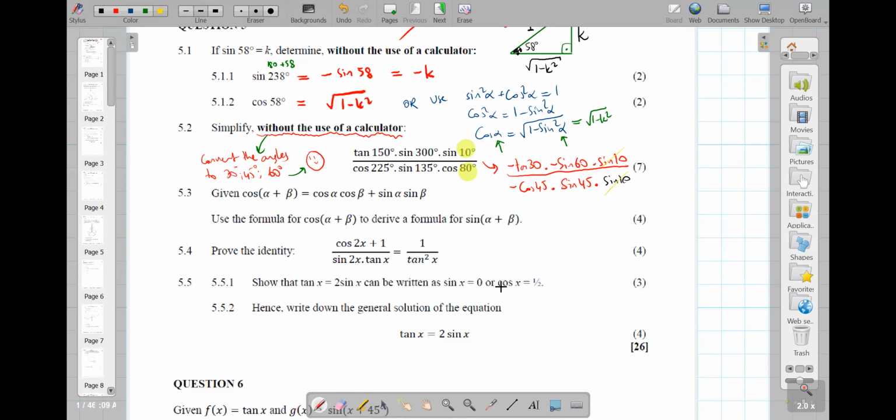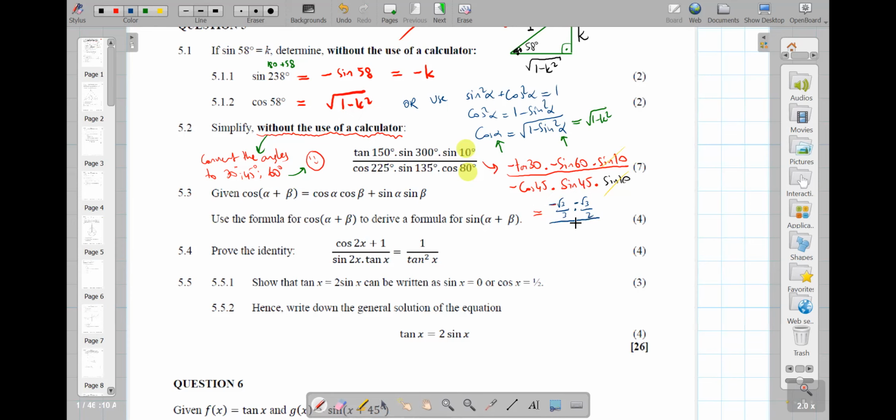So they will cancel. And for all the others, just substitute the special angle values, but write in fractions. So minus tangent 30 is minus root 3 over 3. And then sine 60 is root 3 over 2, negative.